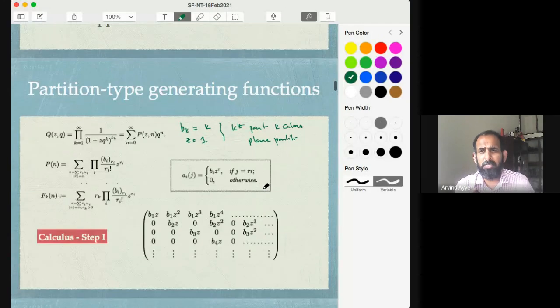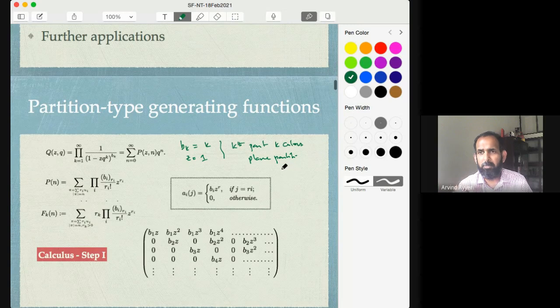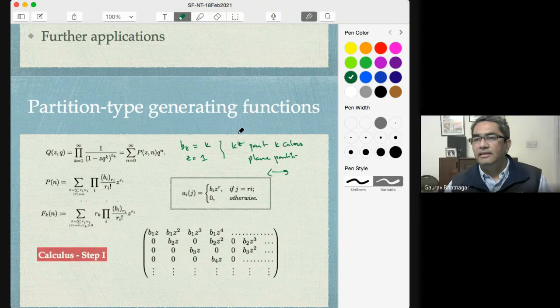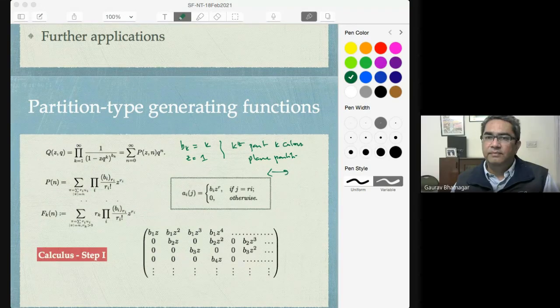I don't think there's a direct bijective correspondence between saying the kth part contains k colors and plane partitions. I think there's a bijection, it's just a complicated bijection. Oh, there is? Okay. But then how the properties transfer there, one doesn't know.